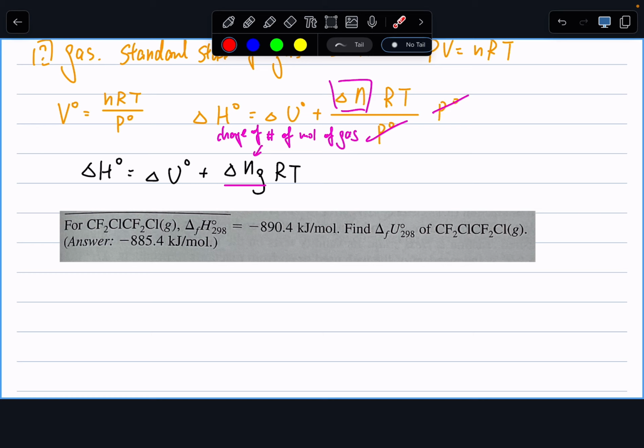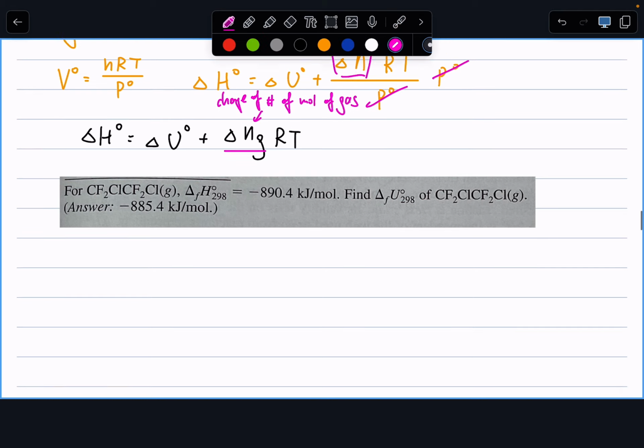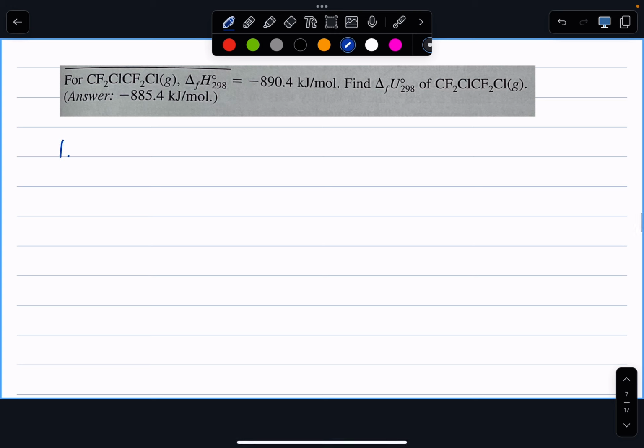So how do we approach this problem? First of all, write down the equation for the formation of this molecule from its elementary forms. Here we have 2 carbon atoms.